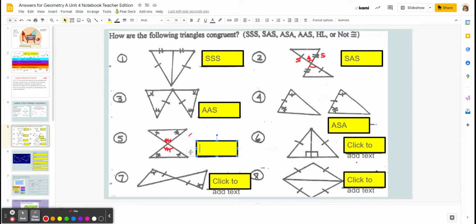We can also find it using the triangle sum theorem. But notice we don't know anything about the sides at all. So since we don't know anything about the sides, we cannot prove it is congruent. Just remember, angle, angle, angle is not a shortcut. That'll get you some similar figures, but not congruent.